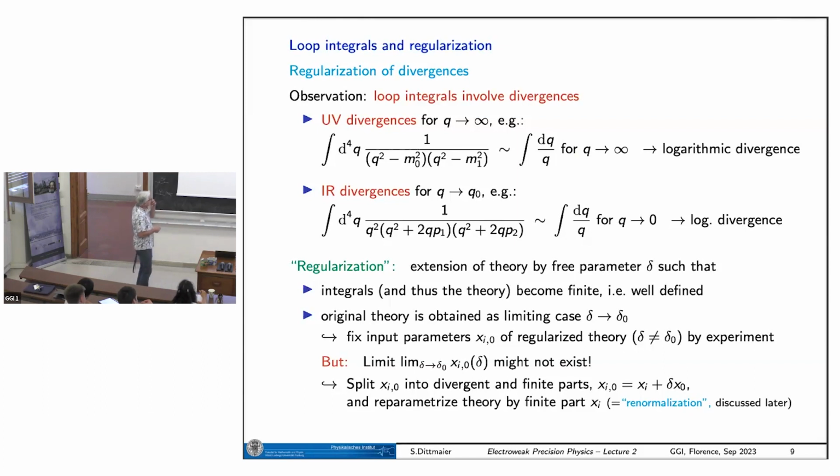So actually these divergences can be found out very easily by what we call power counting. These are all 4 vectors and squared 4 vectors and stuff, but for identifying divergences, you can almost treat them like normal variables.